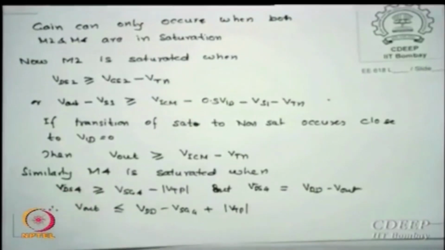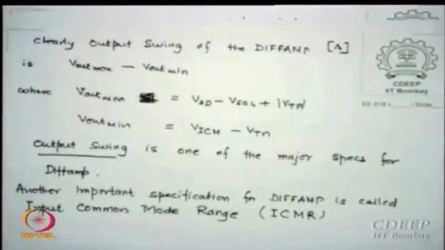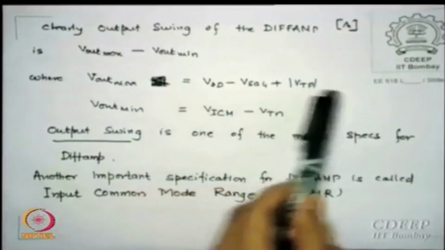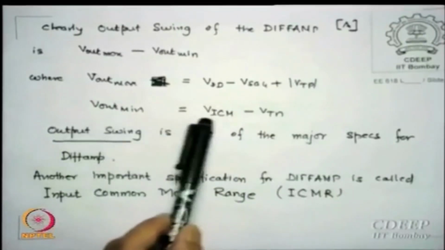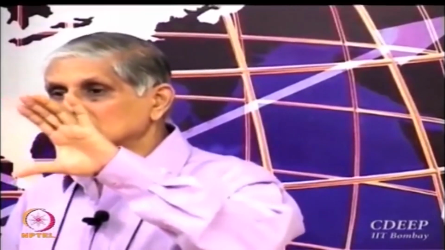So if I do these expressions, clearly the output swing of a diff amp is V out max minus V out min, where V out max is VDD minus VSG4 plus VTP, and V out min is equal to VICM minus VTN. Please take it that this is the criterion I have come from, that M2 and M4 should remain in saturation.